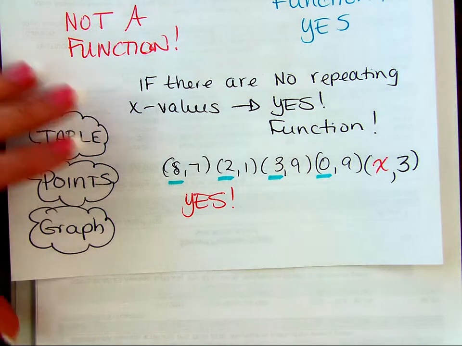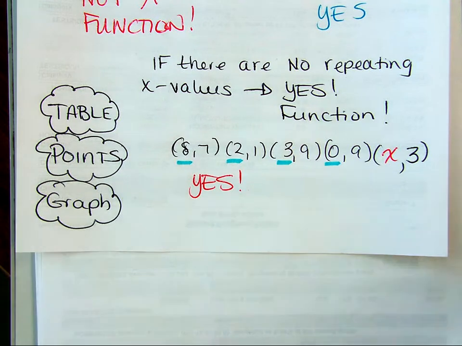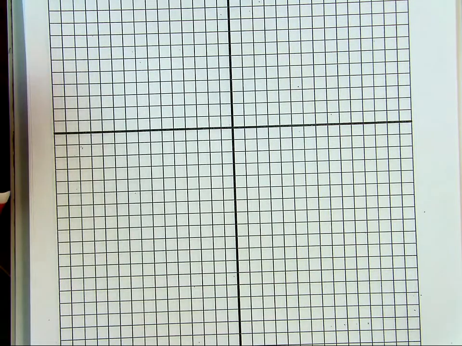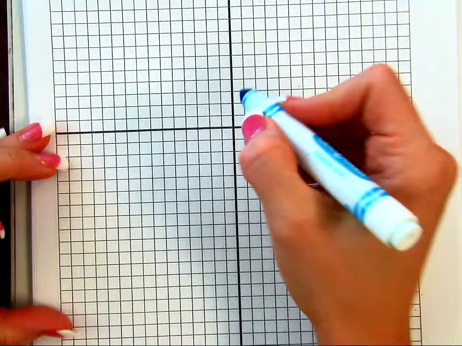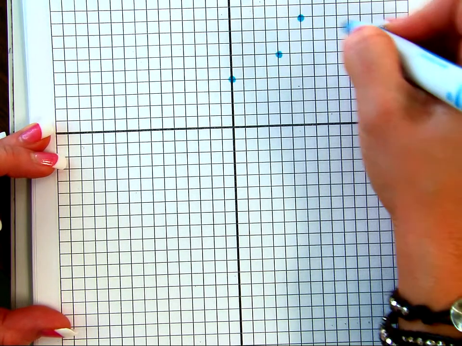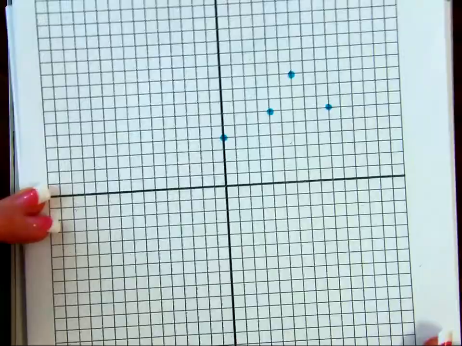Okay, now, graph is a little different. Graph is a little trickier. So I'm going to get some graph paper and show you that. So on a graph, if I were to take this right here and ask you, is it a function?